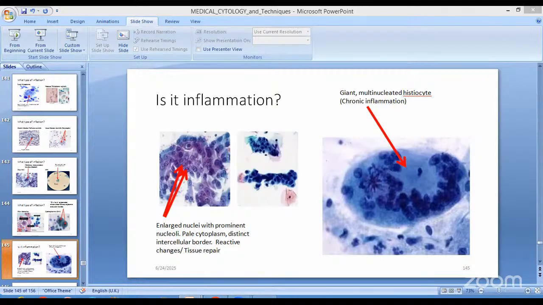Okay, now finally, let's look at Barr bodies. Barr bodies are the inactivated condensed chromosomes that occur in females to silence one of the X chromosomes in the squamous cells.